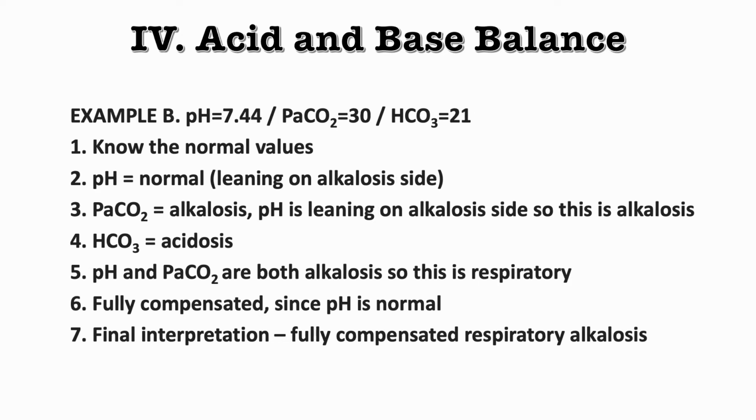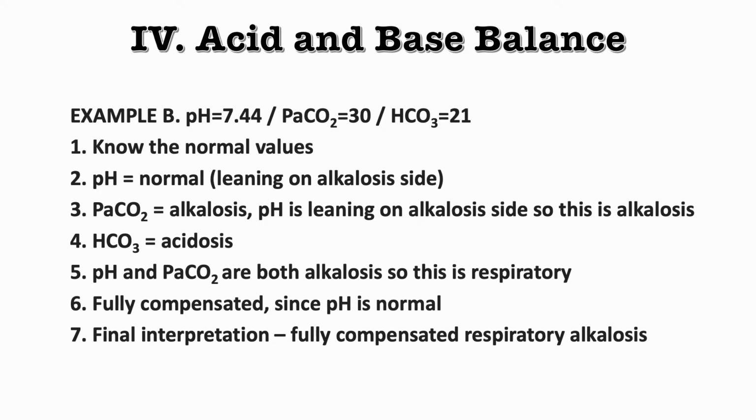Example B, Step 1, know the normal values. Step 2, pH of 7.44 is normal, but it's leaning on the alkalosis side. Step 3, PaCO2 of 30, that's alkalosis. pH is leaning on the alkalosis side too, so this interpretation is alkalosis.